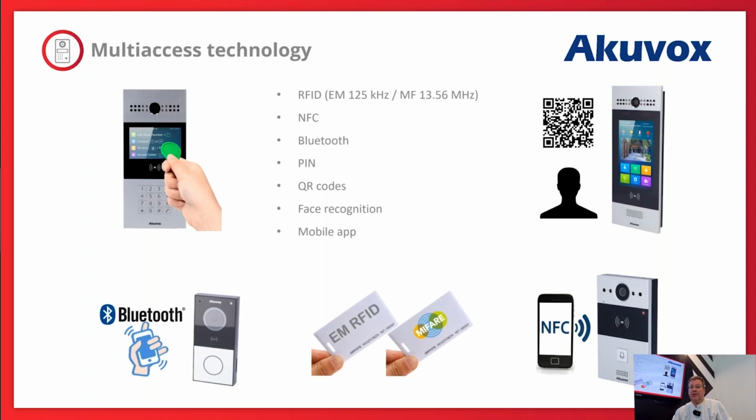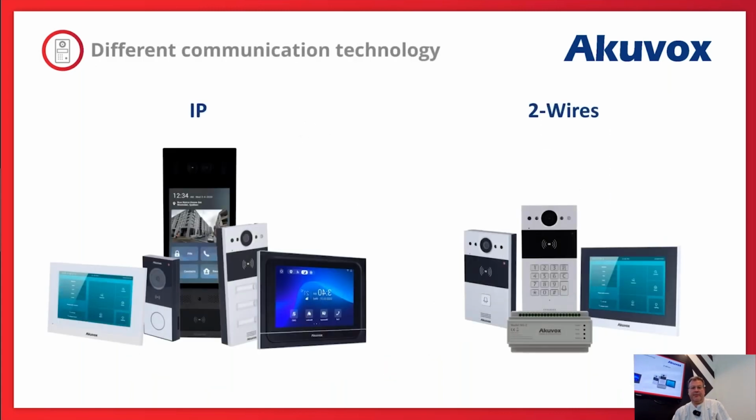Almost every intercom works with RFID, the EM and the MF version, NFC, Bluetooth, PIN codes, QR codes, face recognition, and can be connected to the mobile app. We have the IP version, and we also have the two-wire version. The two-wire versions can be integrated with the IP versions, just like other systems as well.